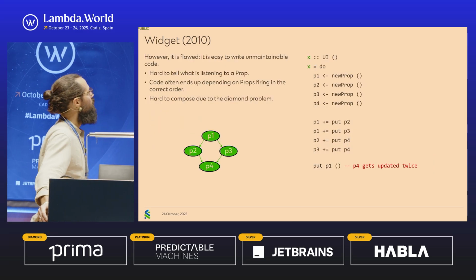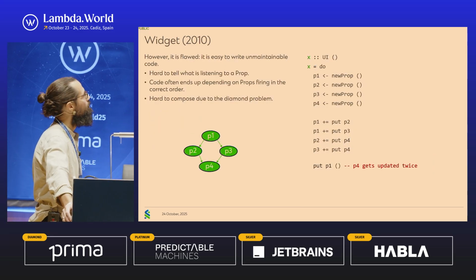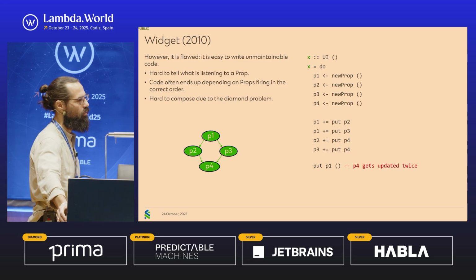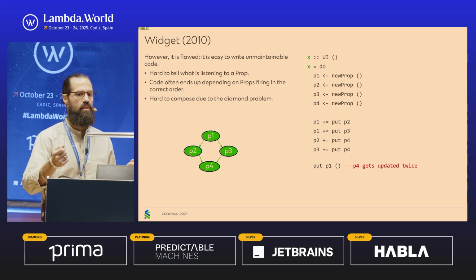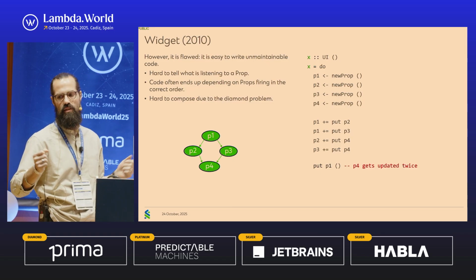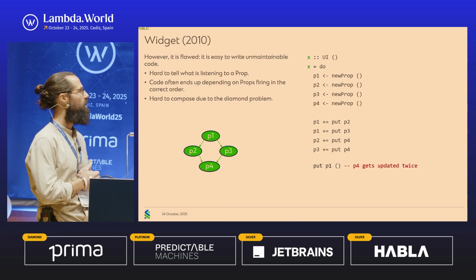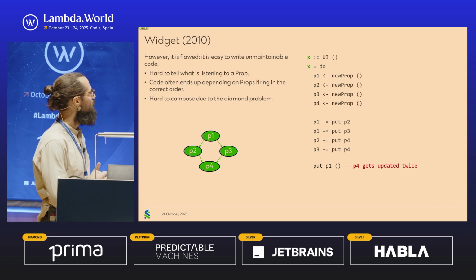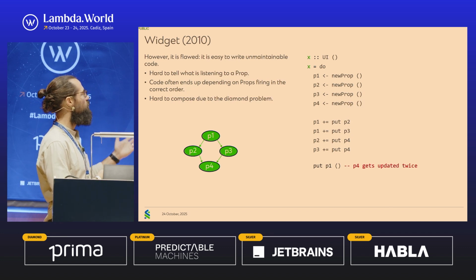But there are several problems with the widget library. The main problem really comes from the fact that you start defining properties and widgets, and then you start linking them together, effectively creating a big dependency graph, an implicit dependency graph in the whole application. You can have things like diamonds, for example. In this case, you have property 1, 2, 3, and 4.